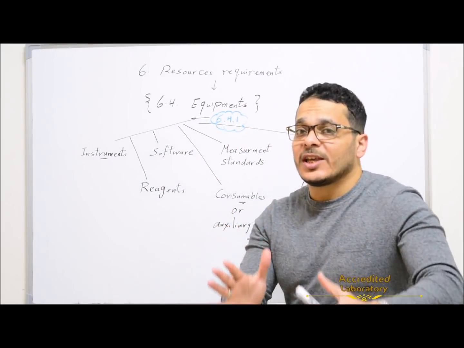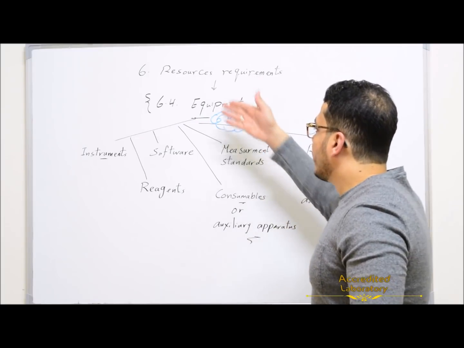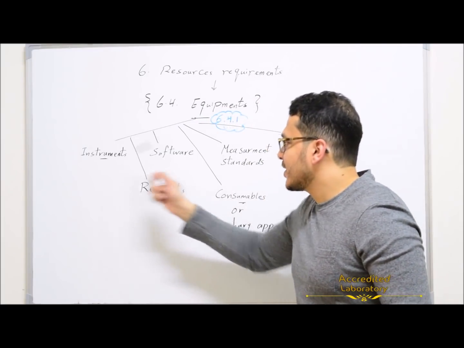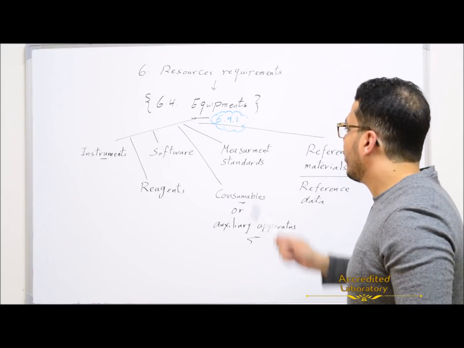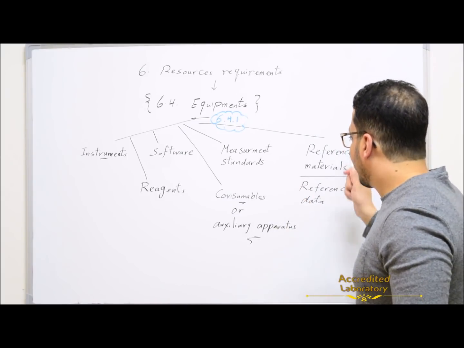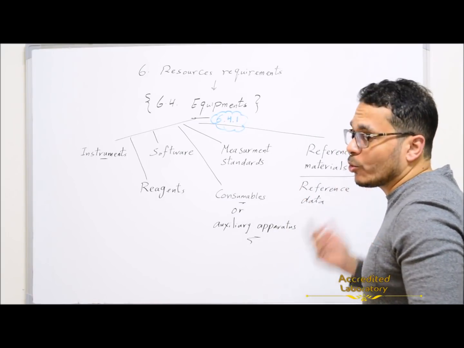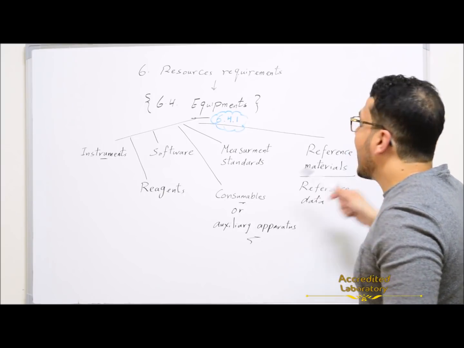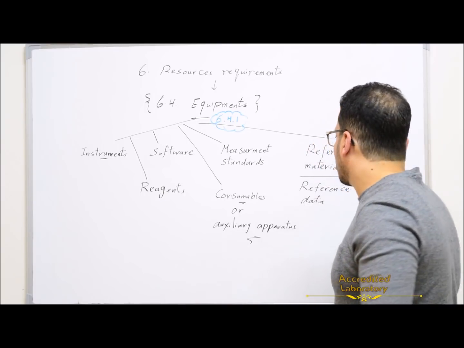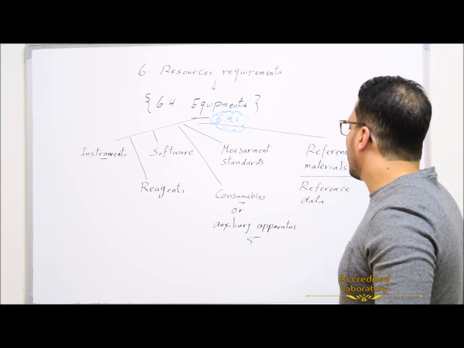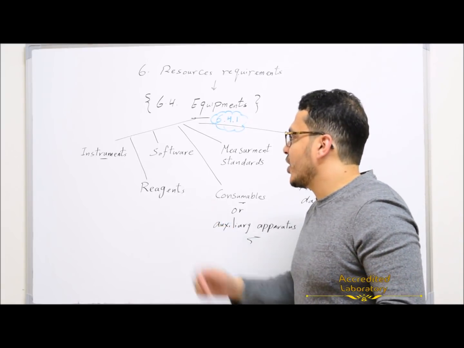for the methods selected. All equipments include instruments, software, measurement standards, reference materials like CRM or PT, reference data like all guidelines used, consumables or auxiliary apparatus and reagents.